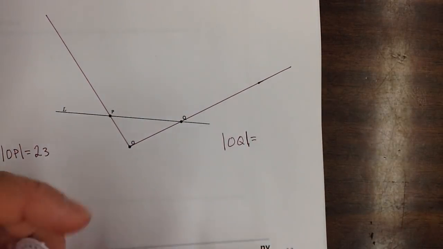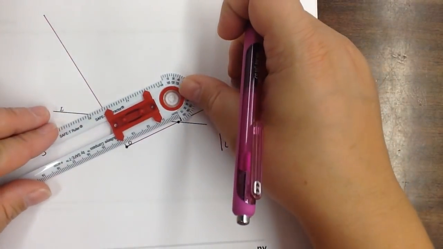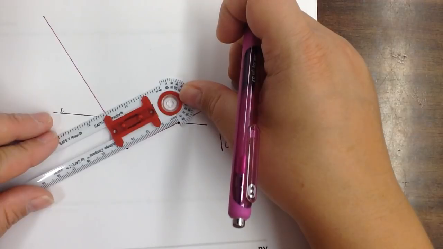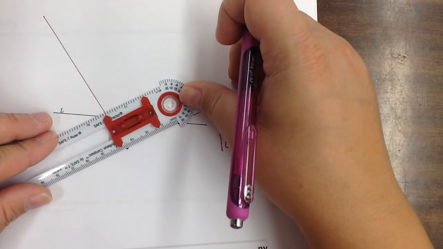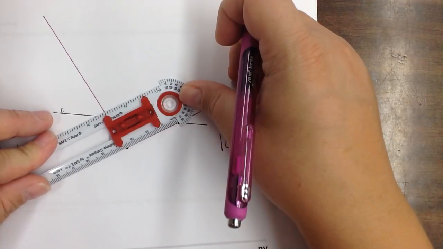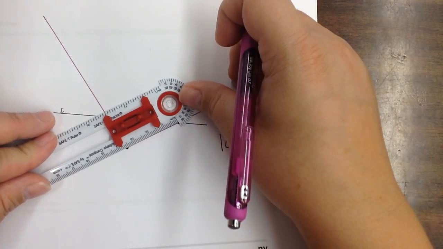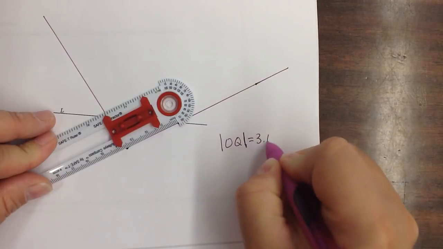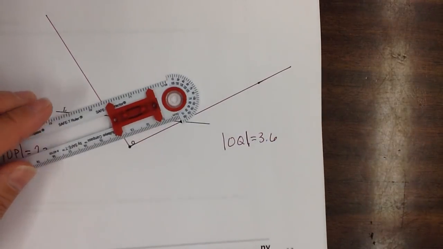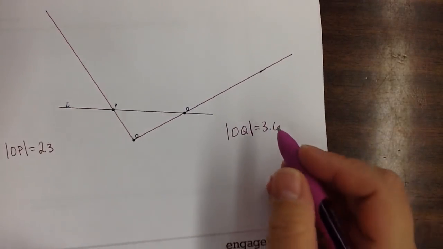You could go 2.4. When you're measuring, you want to be as accurate as possible, so 1/10 off is okay. 3 point, I'm going to go 3.6.